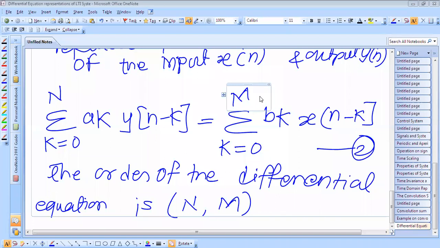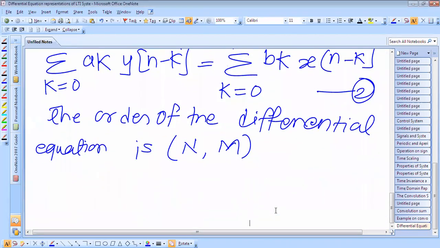If n is equal to 2, that means there are 2 energy storage devices in the system. So the order of the system decides the number of energy storage devices in the system.